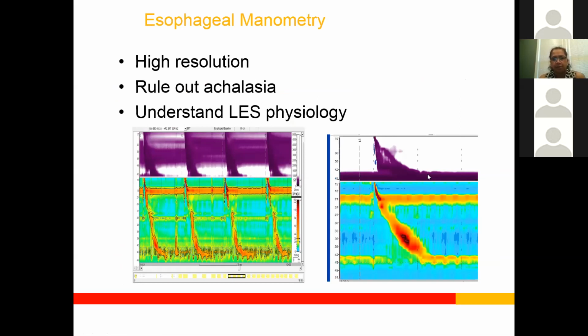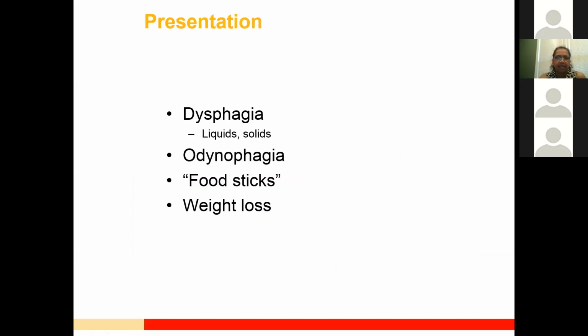You can either mirror the impedance on top of the manometry, like Rob showed us earlier, or you can see them separately, with the impedance separated out from the traditional manometry, to help us understand how the esophagus works even better.